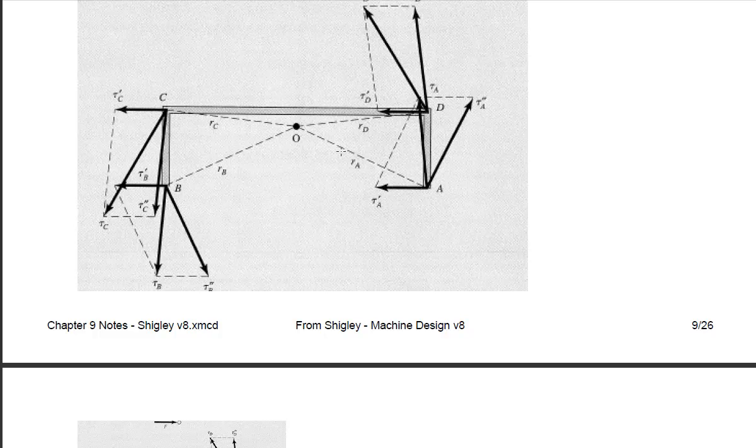It then shows the vector combination of the secondary shear and the primary shear at each corner.